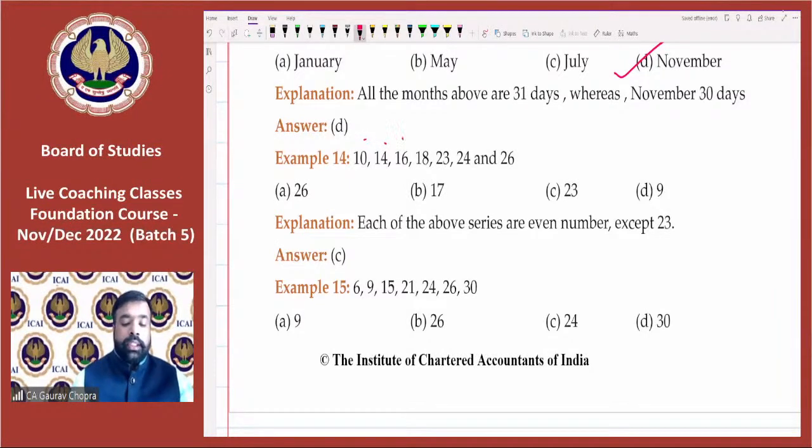10, 14, 16, 18, 23, 24, 26. You have to find which one is odd. So of course, all the numbers are even here, and 23 is the odd number. That is why we have option number C, 23. Okay.